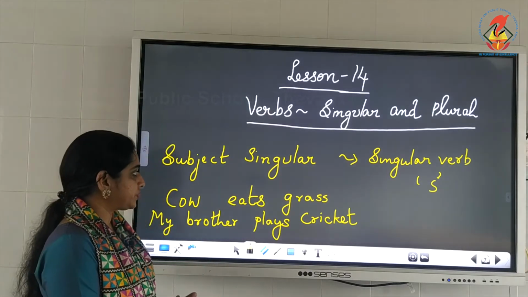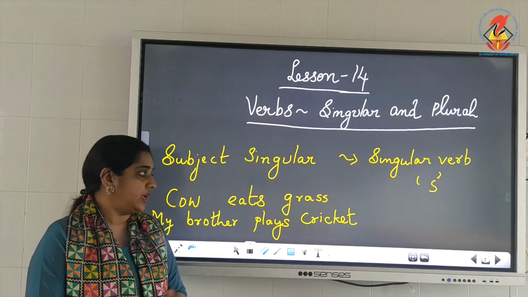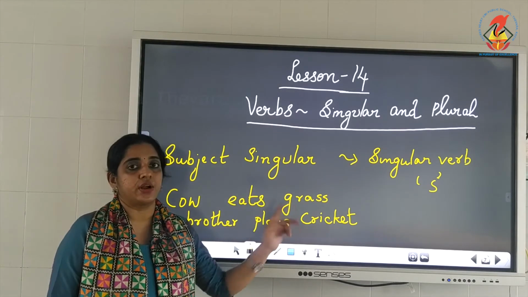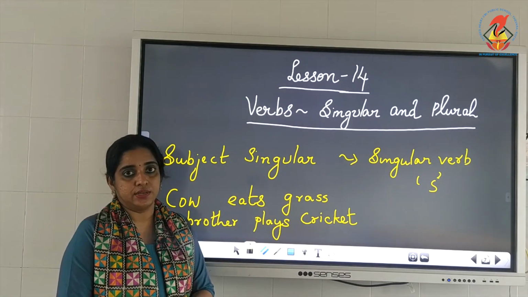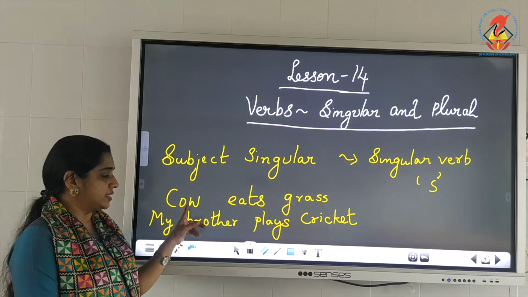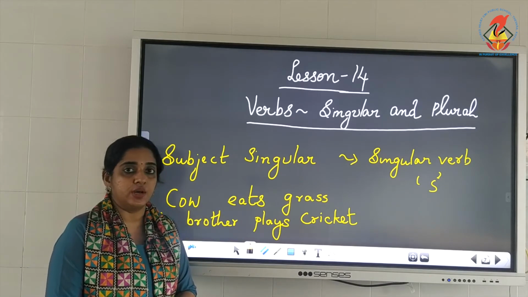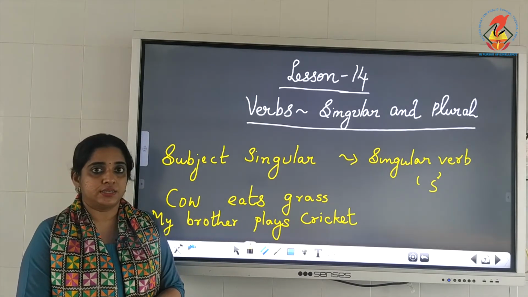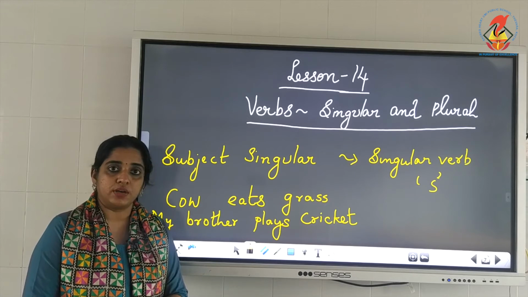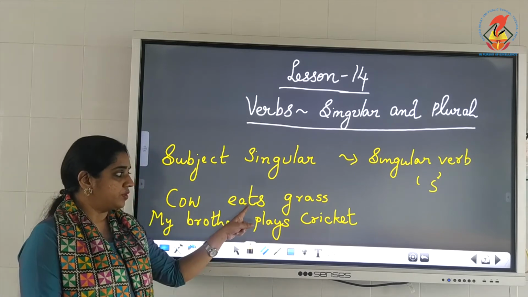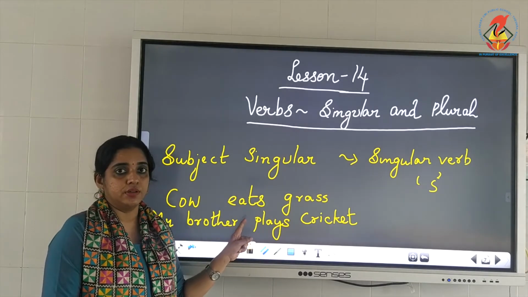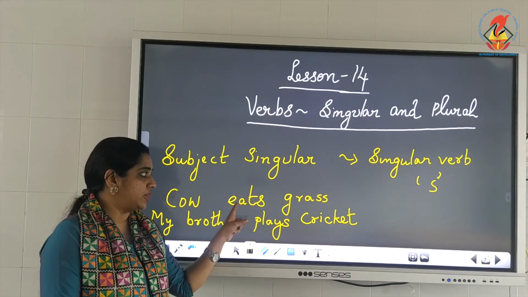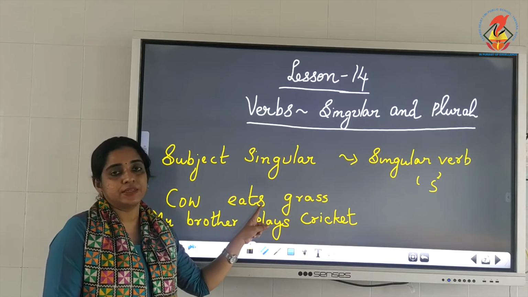So here, first example you see, cow eats grass. Here the subject is cow, singular. Singular means only one, is it? Cow means it's only one cow. So the verb should use a singular form of the verb. That means you see the letter s, eats.